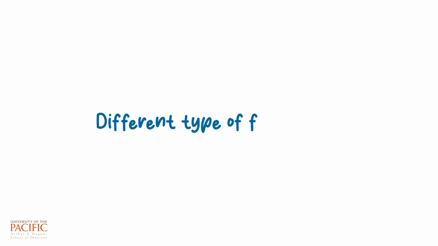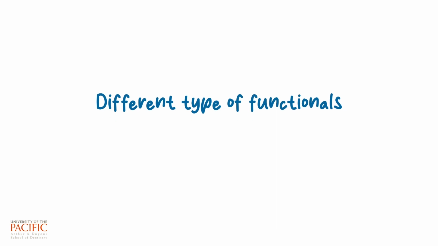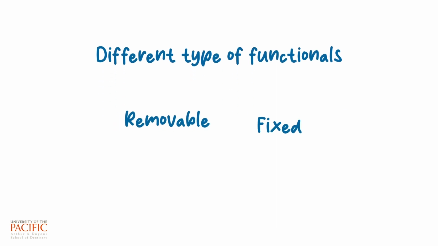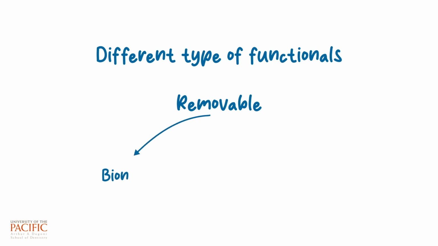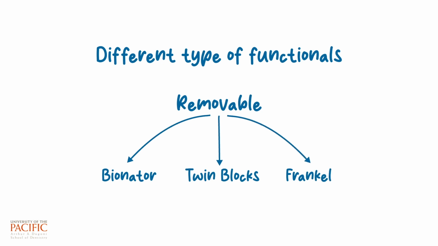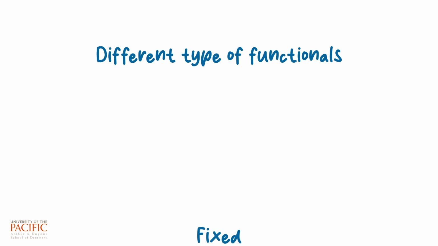Functional appliances used in orthodontic treatment can be classified into two types: removable and fixed. Removable functional appliances include the Bionator, Twin Block, and Frankel appliance, which can be easily taken out by the patient.